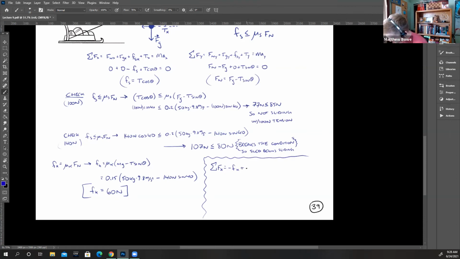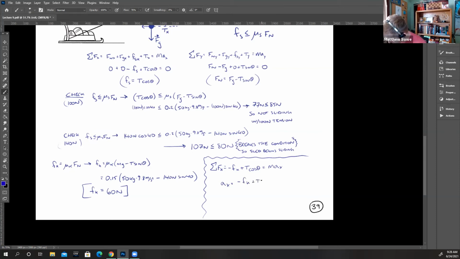But then we have the force of the person pulling the sled. Ultimately, we will get an acceleration term. It looks like this.